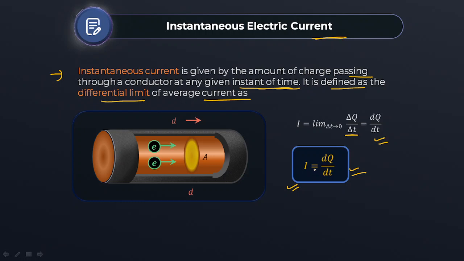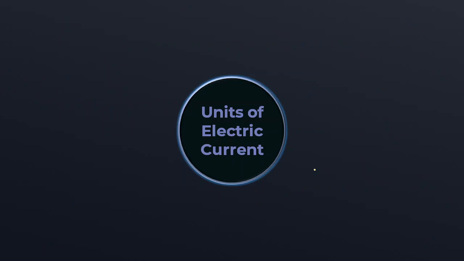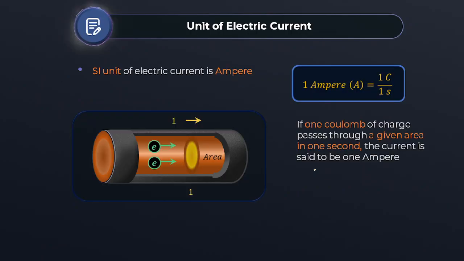Simple, right? Now, what is the unit of electric current? Current is a fundamental quantity, so its unit is the ampere. We have just seen that current is the rate of flow of charge, Q by T, so it will be 1 coulomb per second. The SI unit of electric current is the ampere.